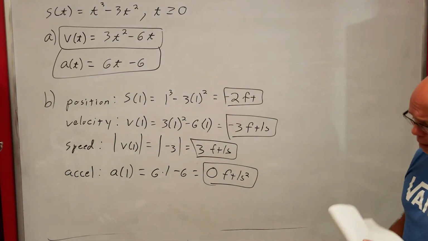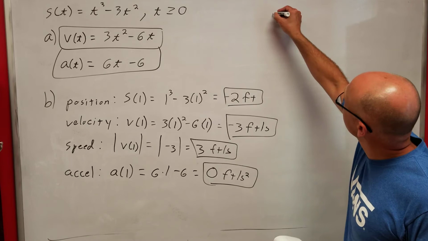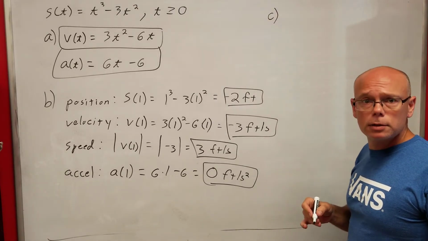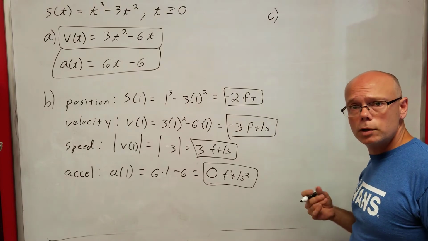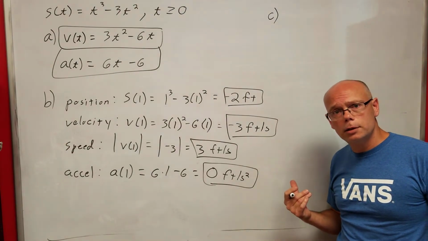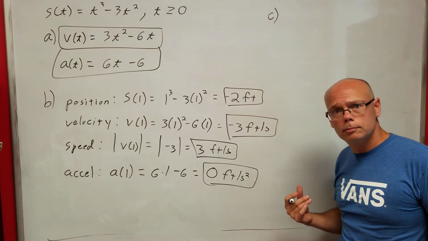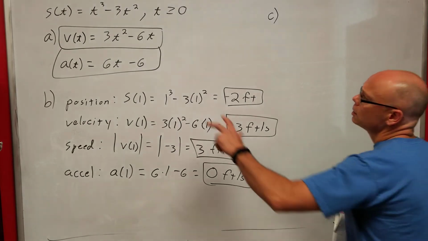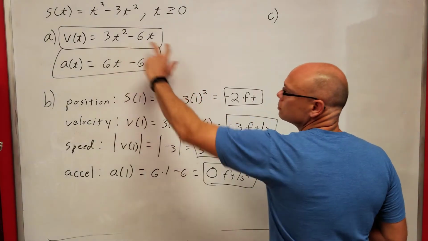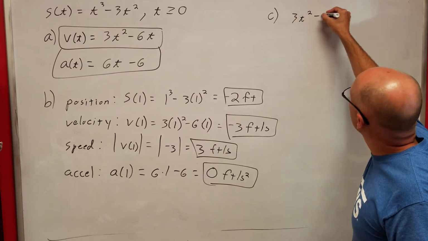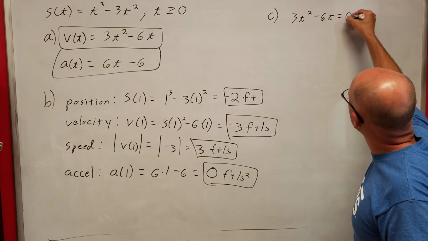All right, let's look at C. C says, at what times is the particle stopped? Well, let me ask you this. When the particle is stopped, what is the velocity going to be equal to? Velocity is going to be 0, right? So just take your velocity function, 3t squared minus 6t, set it equal to 0 and solve.